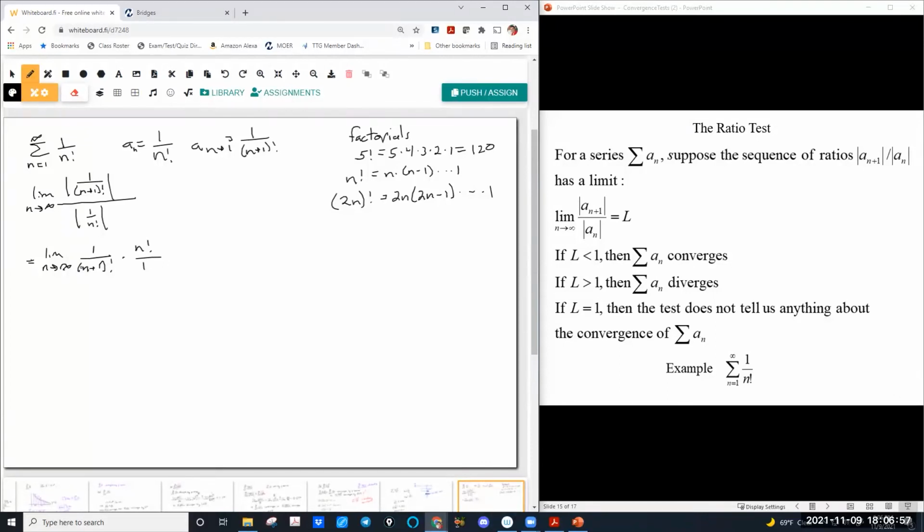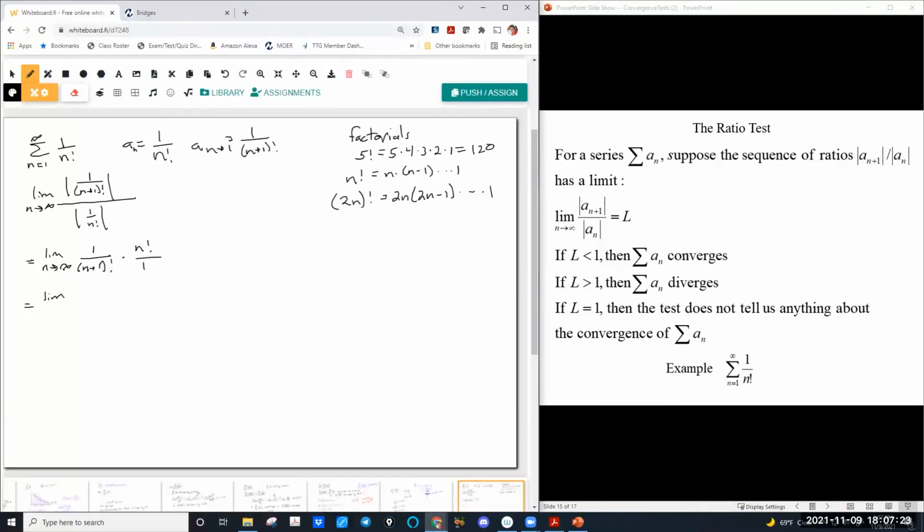We'll do some other examples to see when we need the absolute value and when we don't. Most of the time, you're not going to need them. It's just going to make everything positive. That's all. So if this were alternating, we wouldn't have the alternating piece in here because we'd be taking the absolute value.